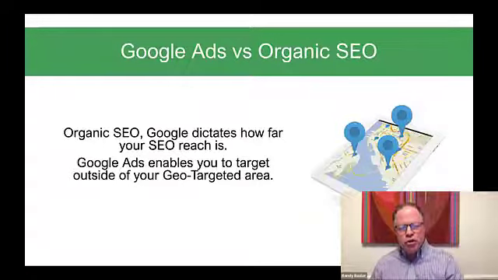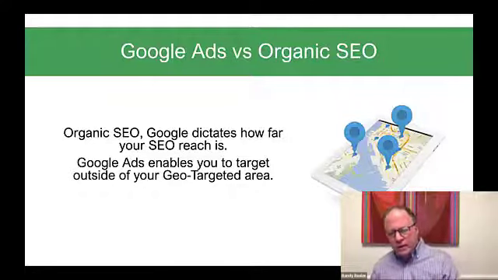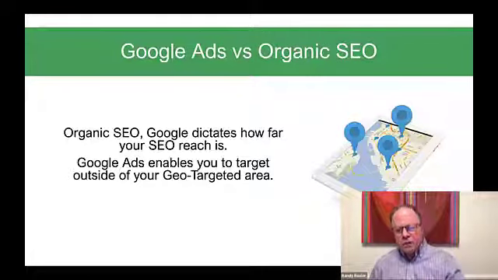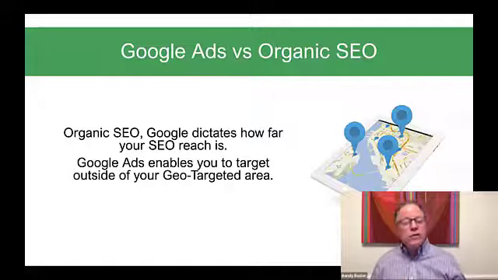We call it geo-targeted. But Google Ads enable you to target outside of your area. For example, if you are in Edison, New Jersey, and you want to start pulling from Princeton, East Brunswick, and other surrounding towns that are not too far, you have the ability to do it with great precision with Google Ads.